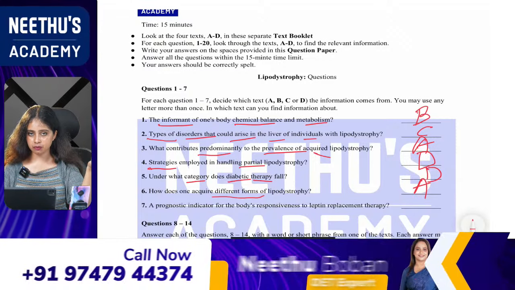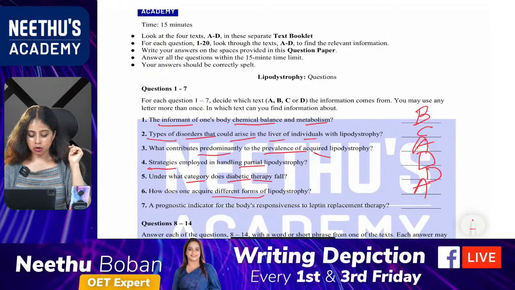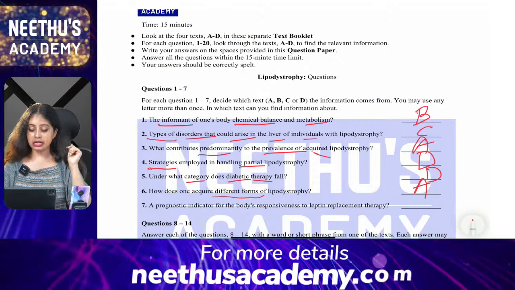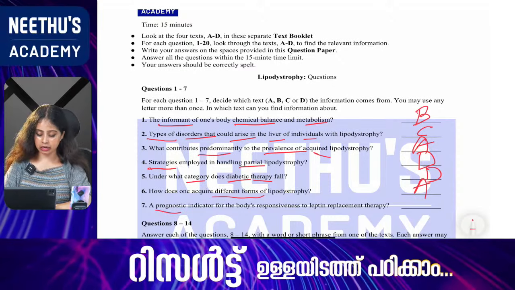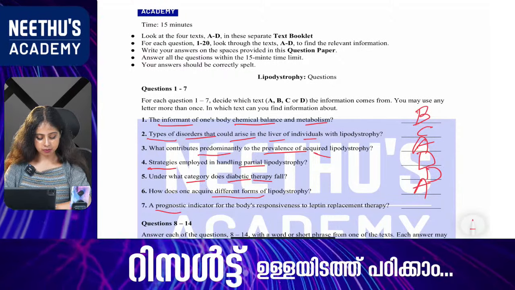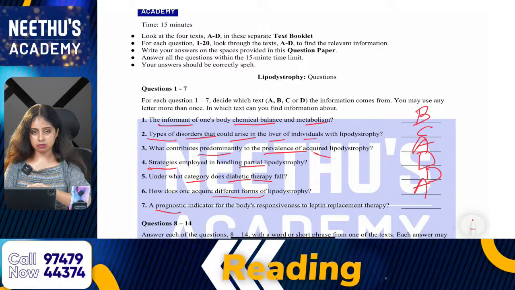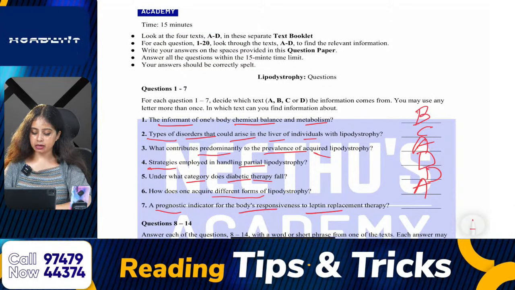Forms, types. Alright, 7th question. A prognostic indicator for the body's responsiveness to leptin replacement therapy. A prognostic indicator. So where is it mentioned? Prognostic indicator may predict. For the body's responsiveness to leptin replacement therapy.